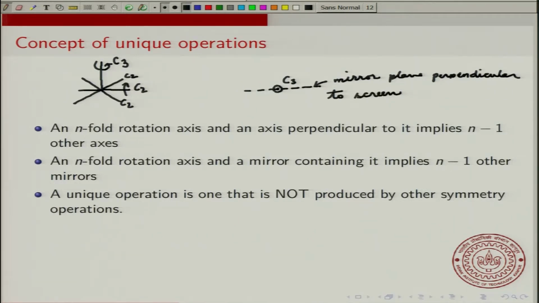The C3 axis is coming out of the screen of the paper, and it lies in this mirror. What this automatically implies is that there should be two more mirrors, and I will show them. There will be one this way and one in this direction.